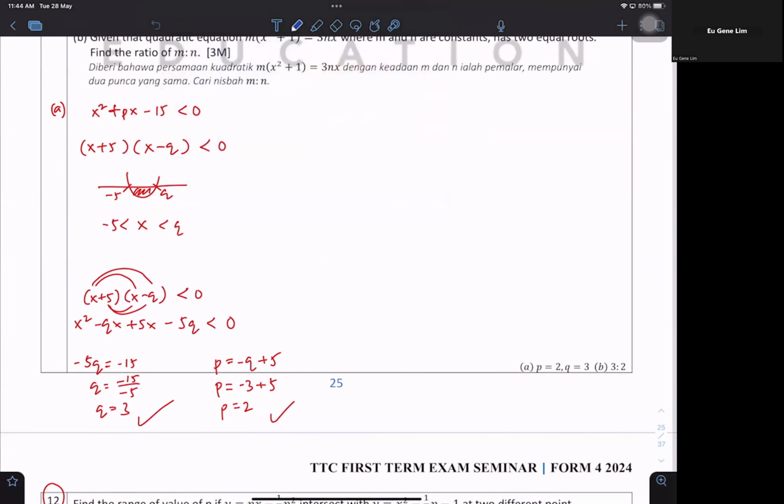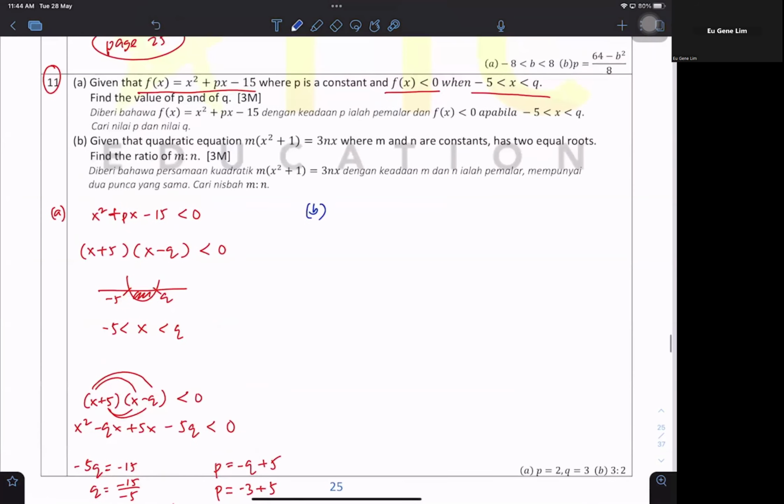Okay, like B. Given this equation, later you make it general form. Why not we do it now?